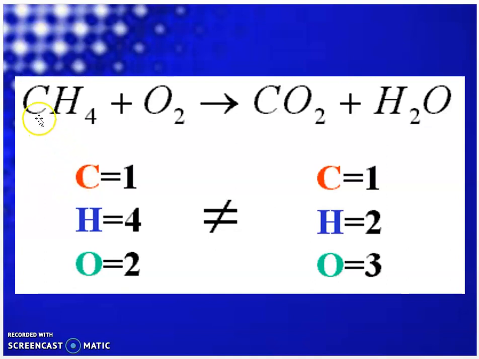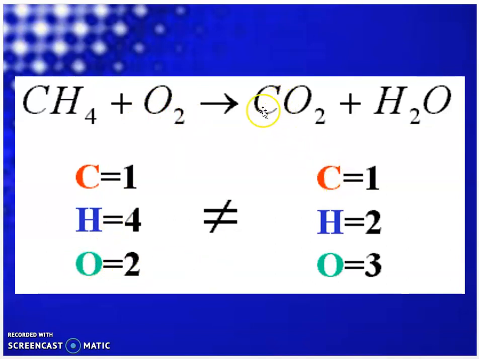Okay, so here we have no number here on this carbon, so that gives us 1 carbon, and there isn't a coefficient. Hydrogen has a subscript of 4, so there's 4 hydrogens. And when there's a plus sign, it starts a new formula. So we have a subscript of 2 on oxygen here, so that's 2 oxygen atoms.